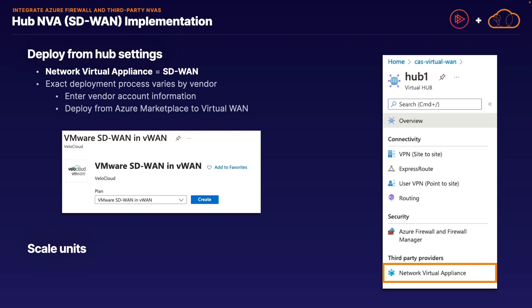In other words, when deploying your SD-WAN virtual appliance, you need to assign a scale unit, which, like our VPN examples, measures the aggregate throughput for that virtual appliance. And of course, more scale units cost more money. However, when working with SD-WAN virtual appliances, each individual scale unit is equivalent to 500 megabits per second of aggregate throughput, exactly the same as our VPN scale unit we talked about earlier.